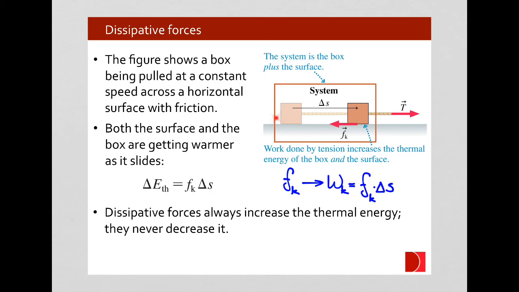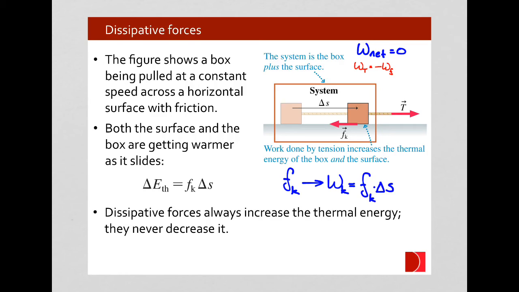So in this sort of system where you have a block that's being pulled across a horizontal surface by a tension, that tension is being used to overcome a force of friction. We have a constant velocity here, so the net work is 0, which means that the work done by the tension is the negative of the work done by the frictional force.